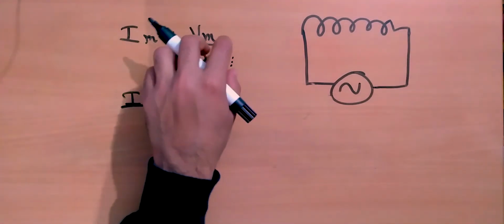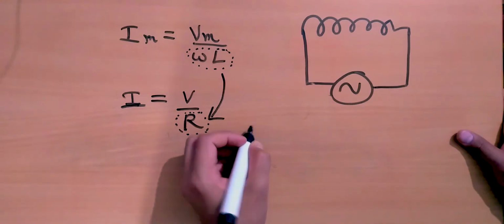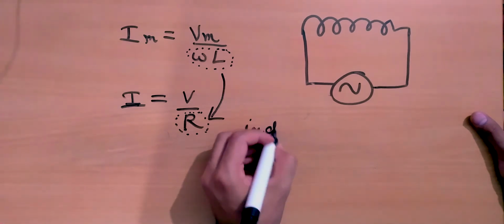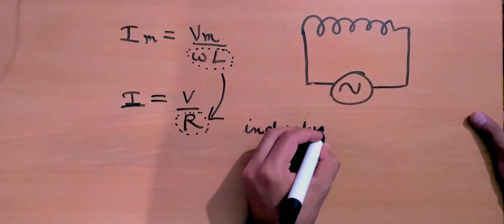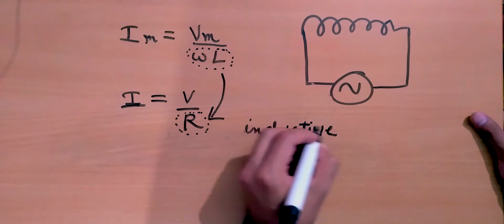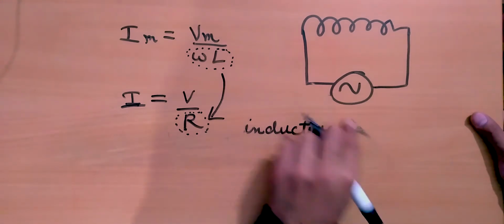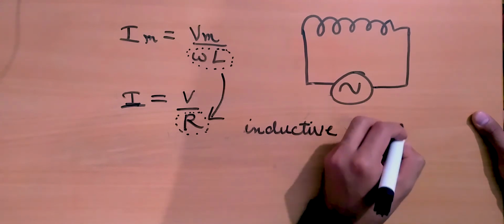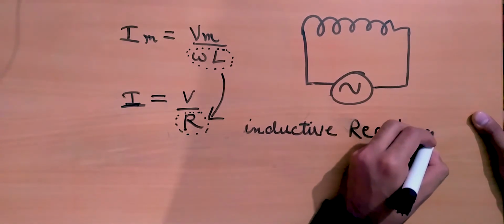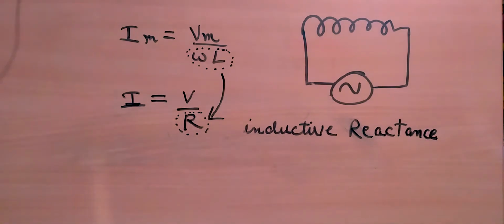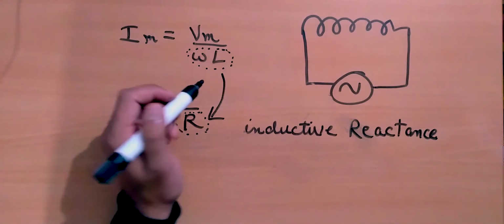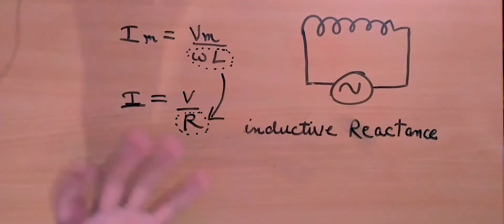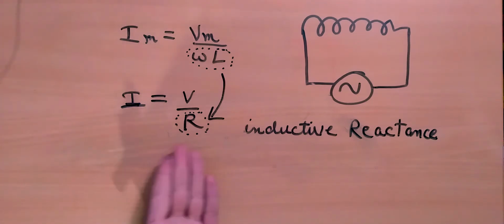And so, because this is an inductive circuit, this is called inductive reactance. Yeah, this is called the inductive reactance, and you can imagine this as the resistance of an inductive circuit. So this is pretty much analogous to the resistance in a resistive circuit.